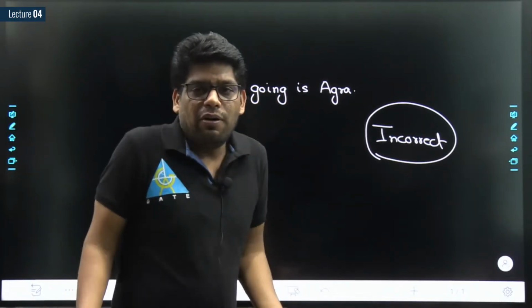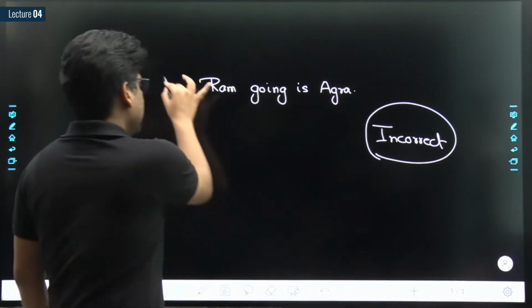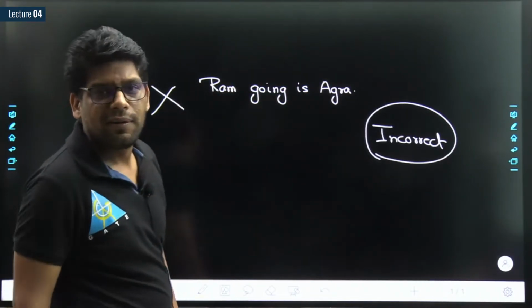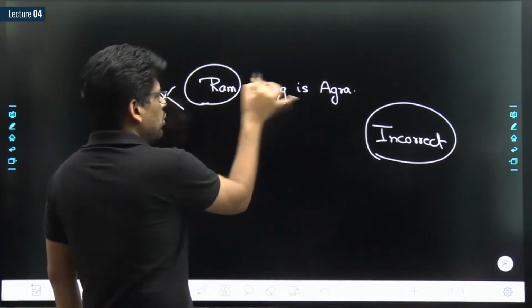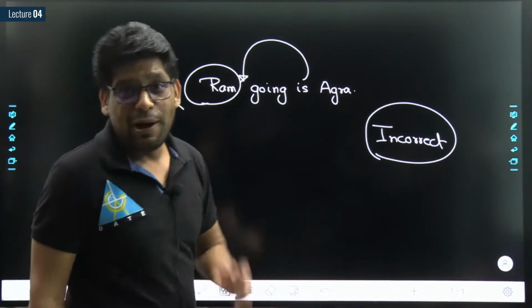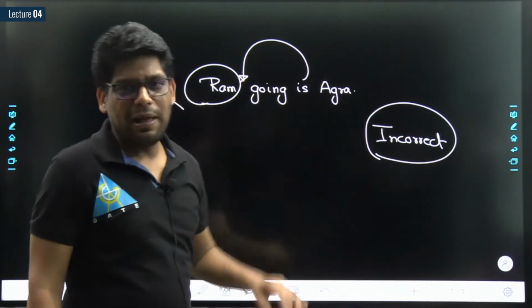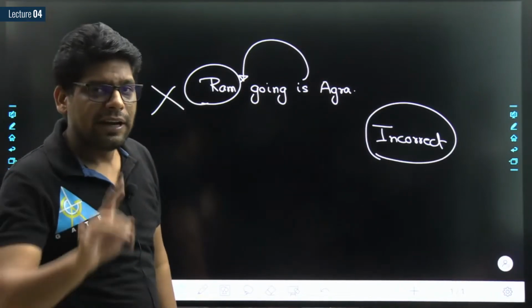Why? Because as per the present continuous rule, this statement is false. Because after the noun, we must have is/am/are. Noun plus is/am/are, then verb first form plus ing. Getting my point or not?